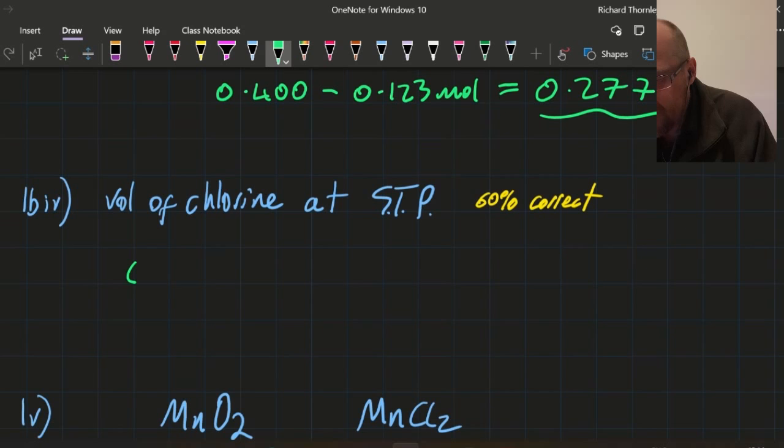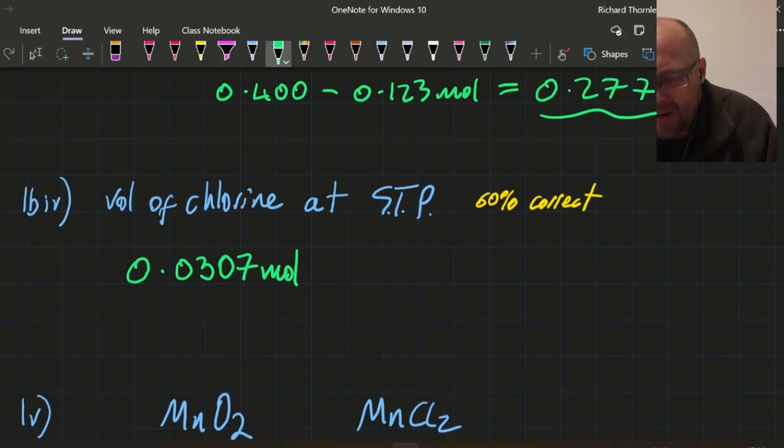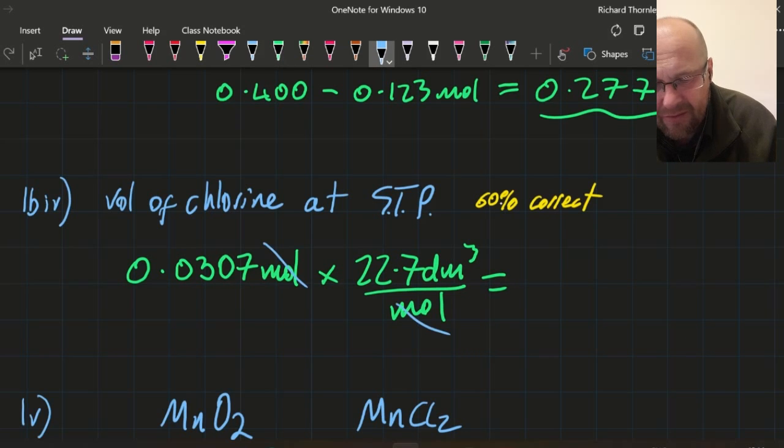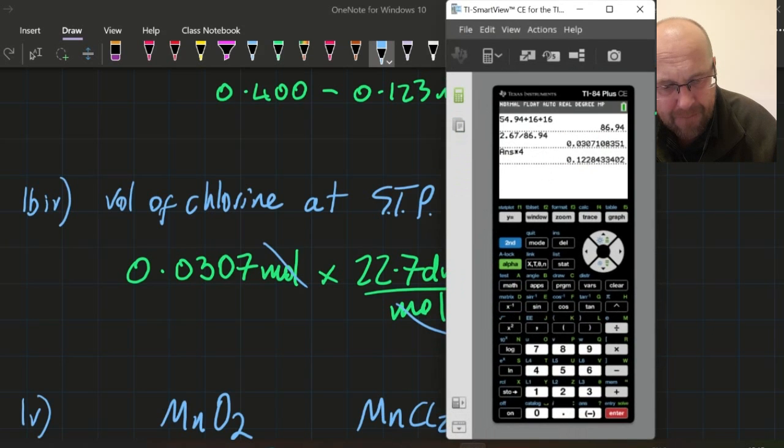So I've got 0.0307 moles, and I know that 22.7 decimeters cubed is 1 mole at STP. So do my units go to give me a volume? Nice. So what's that going to be? Let's just divide that by 4 to get back to where we were, and multiply by 22.7.